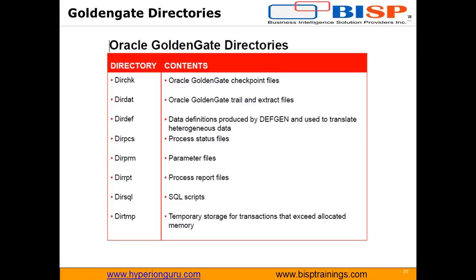Whatever you mention in the parameter file, they will work according to that only. Whatever tables extract has to capture, whatever tables data pump has to send, whatever data of tables replicate has to replicate, you mention in parameter files. So parameter files are created under the dirprm folder.